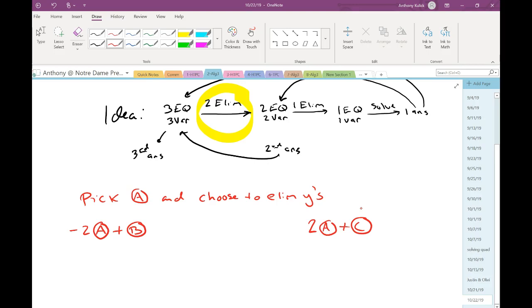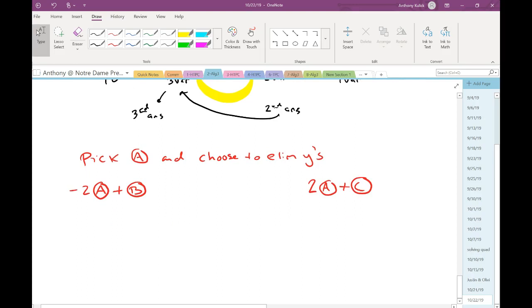So what I'm going to do now is go ahead and write down this new information. So negative 2 times equation A becomes positive 4x minus 2y minus 6z equals negative 40.